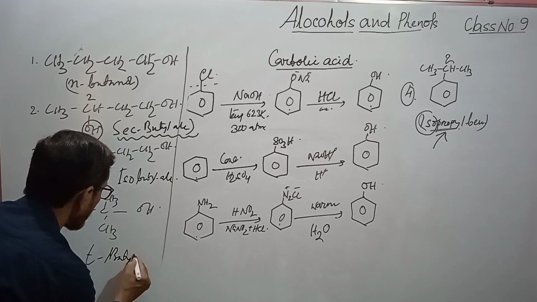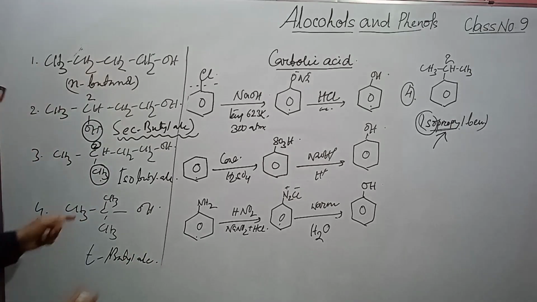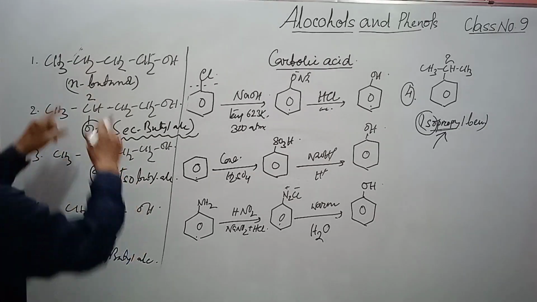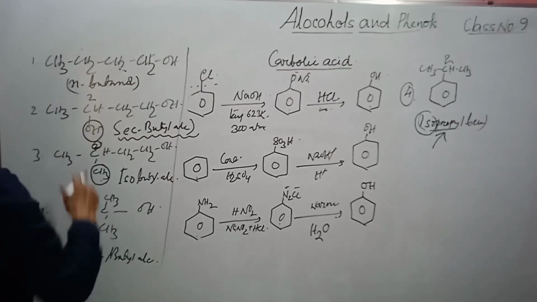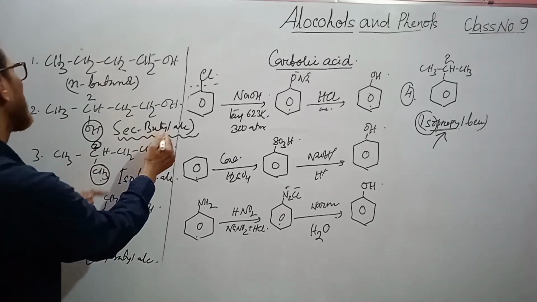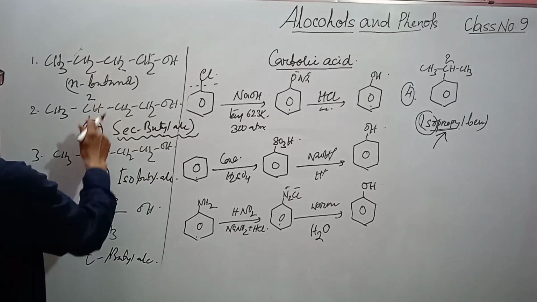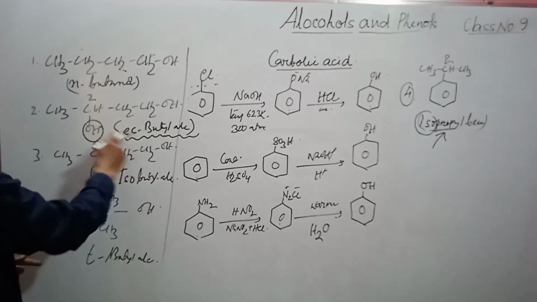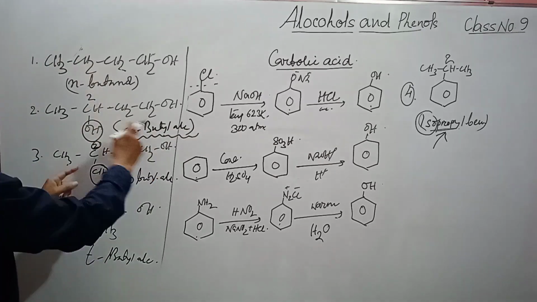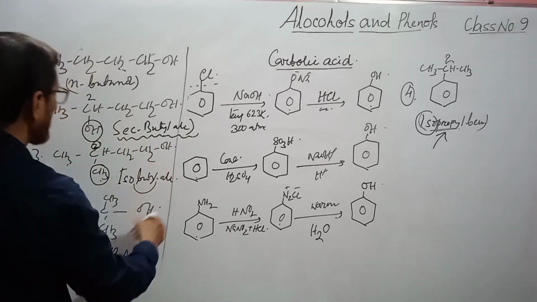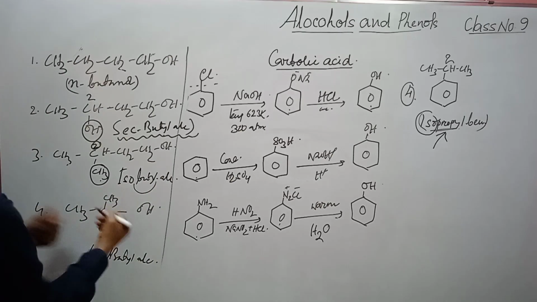So the common name is named in this way: n-butyl, 1, 2, 3, 4 butyl, butanol. What is there at the 2 position? Functional group, so secondary butyl, sec-butyl alcohol, 1, 2, 3, 4. As a whole, all the carbon is counted: butyl, butyl, butyl, 1, 2, 3, 4 butyl.